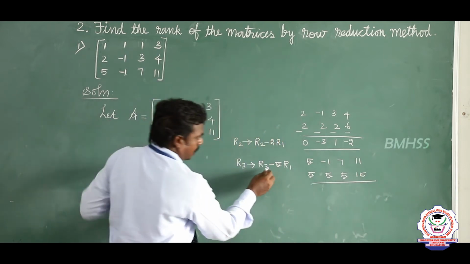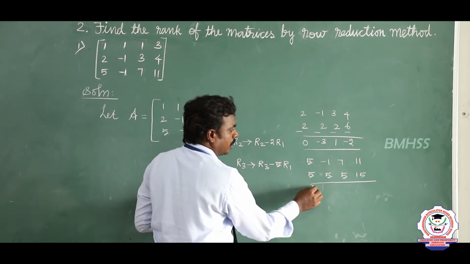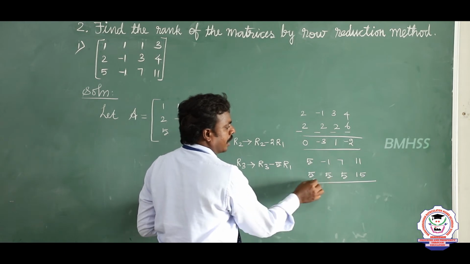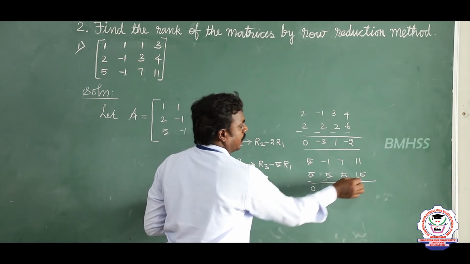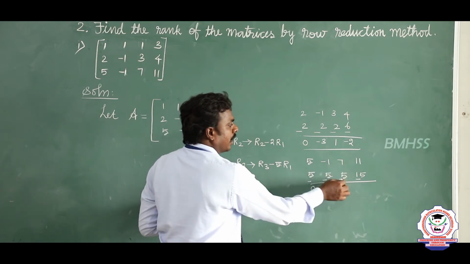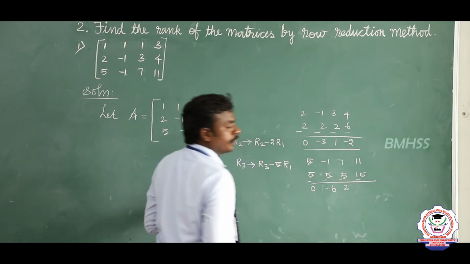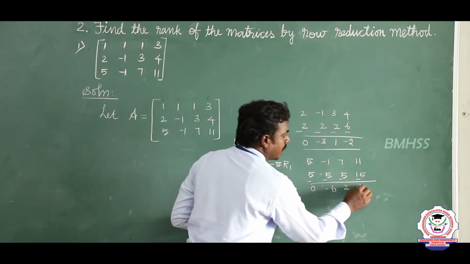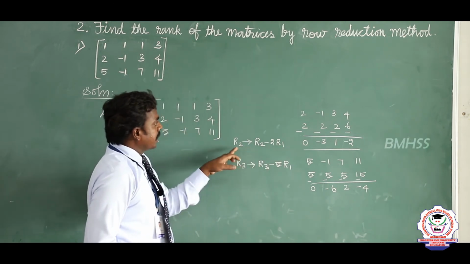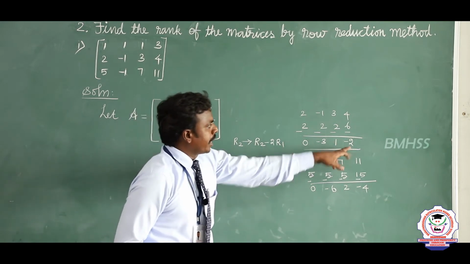Now you subtract, because I said R3 minus 5R1. So 5 minus 5, 0. Minus 1 minus 5, everything with the minus sign, is minus 6. Next, 7 minus 5 is 2, and 11 minus 15 is minus 4. Now in the R2 place I am going to write 0, minus 3, 1, minus 2.